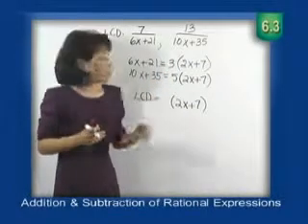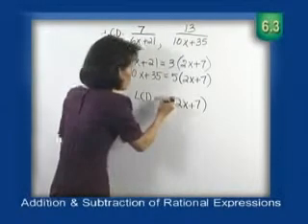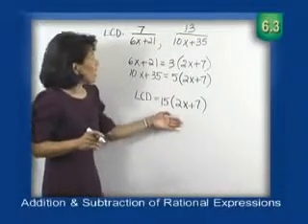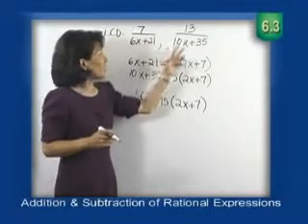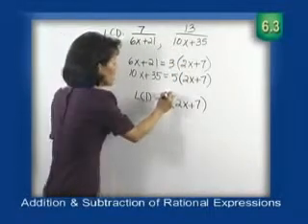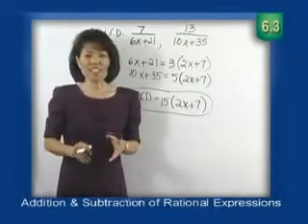So the least common denominator between 3 and 5, I know you know, is their product, 15. So that tells me then, between these two fractions, 7 over 6x plus 21 and 13 over 10x plus 35, their least common denominator would be 15 times 2x plus 7.